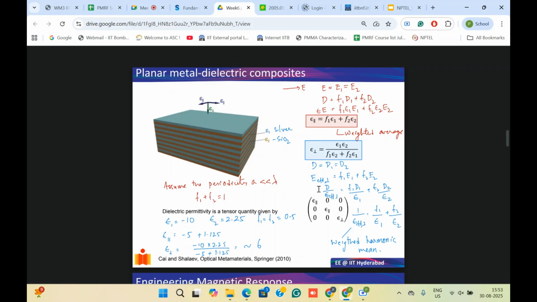Here is one example: if we consider the permittivity epsilon 1 for silver to be, suppose, -10, and for SiO2 suppose 1.45, or some other material with positive permittivity, and the filling fraction is 0.5, then we can easily calculate the permittivity in the parallel and perpendicular directions.